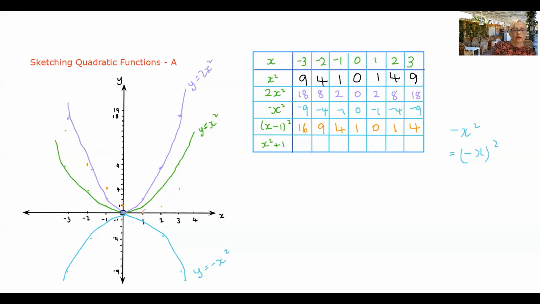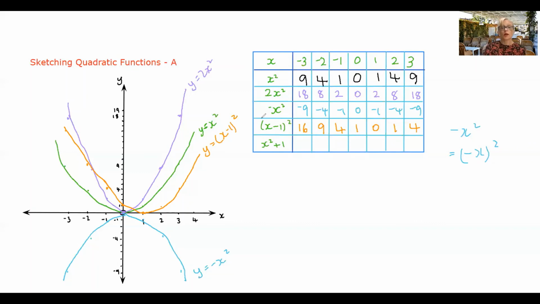So what's actually happening here is we get the same as we started with originally, but it's being shifted across to the right by 1. So this is, in theory anyway, the orange is meant to be the green one shifted to the right by 1. So this is y equals (x minus 1) all squared.